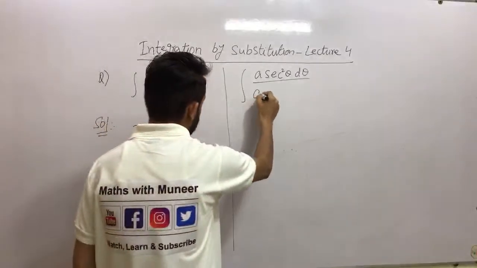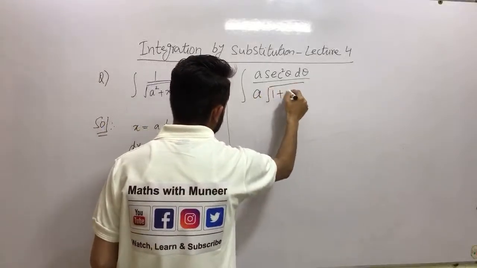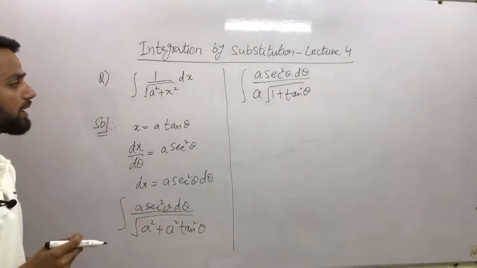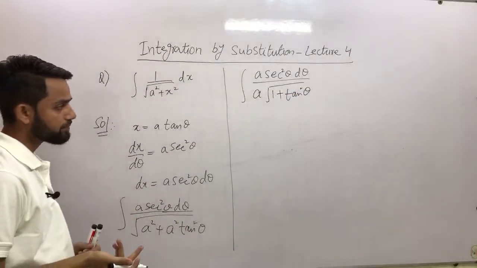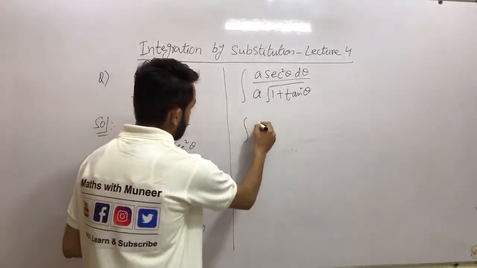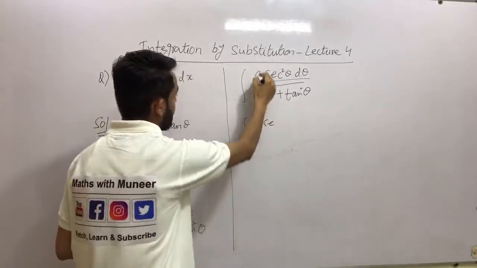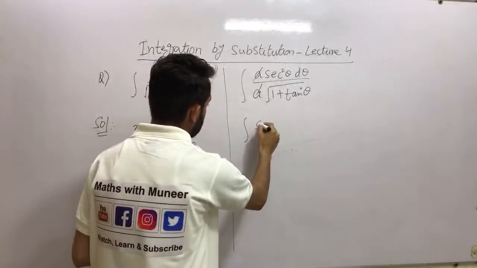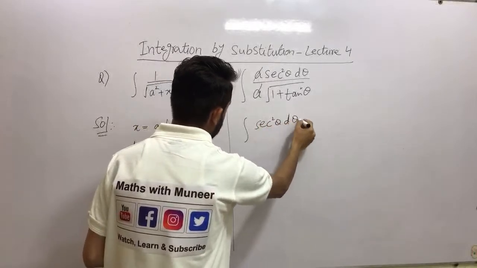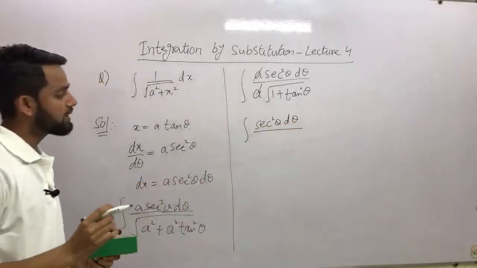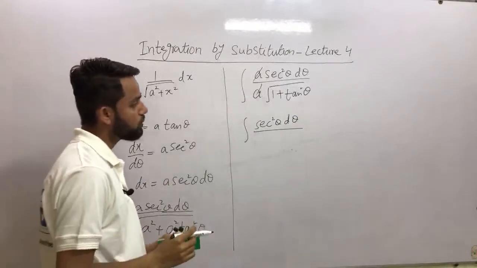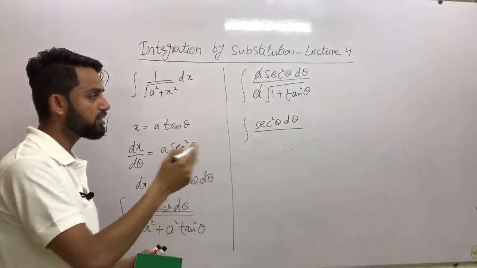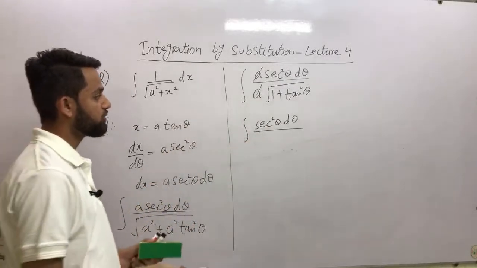So we can write a into the square root of 1 plus tan square theta. We can cancel this a, and this would be secant square theta d theta. Now secant square theta minus tan square theta is equal to 1, right? So take minus tan square theta to the other side and secant square theta will be equal to 1 plus tan square theta.